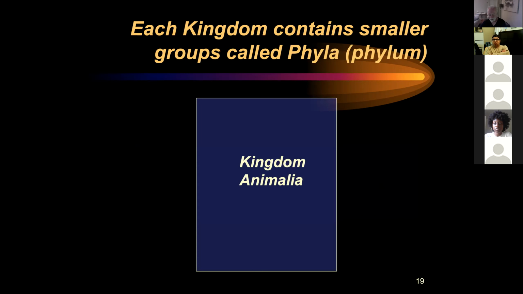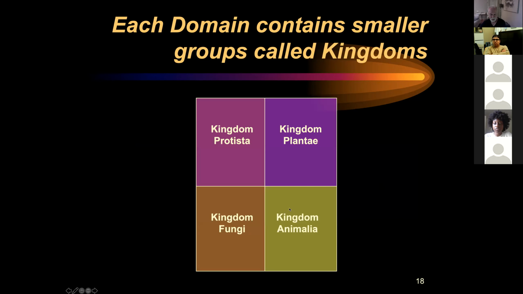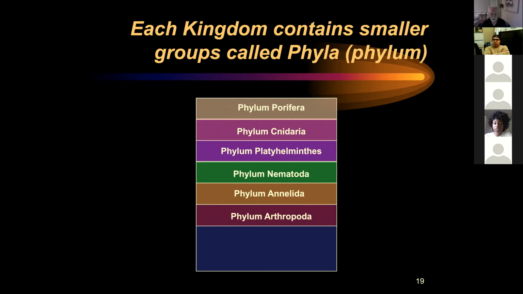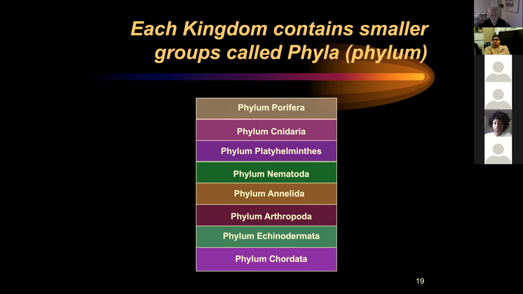Take the kingdom Animalia, so we've just taken one of these boxes, animals, and we can go through kingdom, phylum, class, order, family, genus, and species. Here are all the phyla in that group.